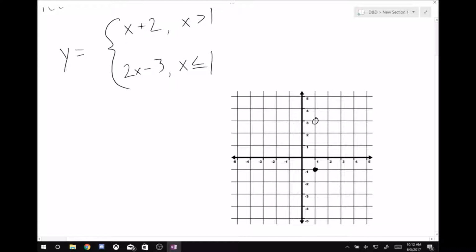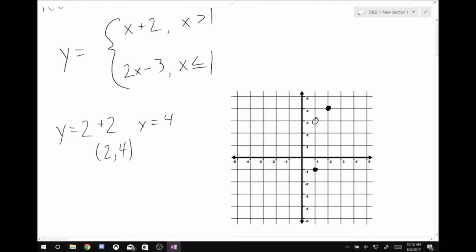So looking at the top one, I need a point that's greater than 1 to plug in. Well, 2 is greater than 1, so that'll be pretty easy, right? So I'm going to plug in 2 for x. That gives me y equals 2 plus 2, which gives me y equals 4. So it's the point 2, because that was the x we plugged in, and 4. All right. This is now a filled in circle.